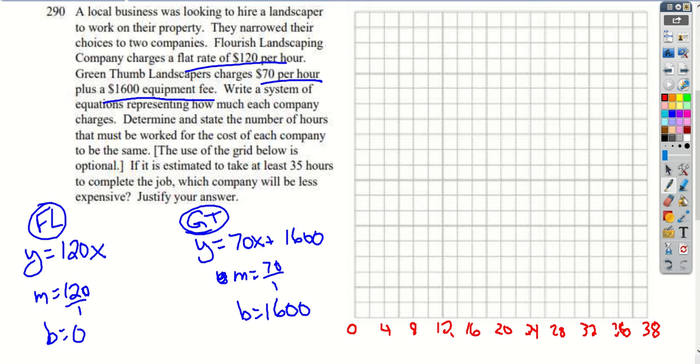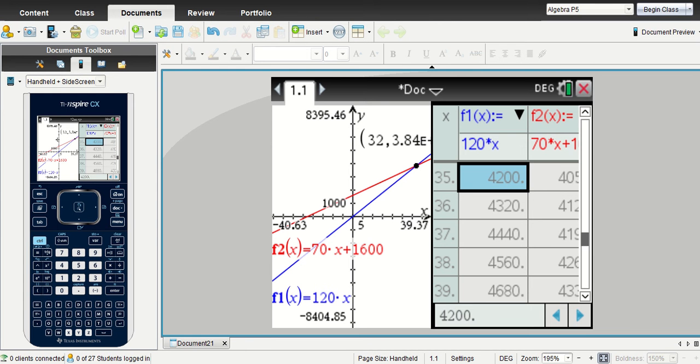All right, and then we want to get all the way up to about 4,000. If I count by hundreds, 1, 2, 3, 4, 5, 6, 7, 8, I'm not going to have enough. If I count by 200s, so there's 400, 600, 800, that'll be 1,200, 1,400, 1,600, 2,000, and I'm not even going to have enough room to do this because I've got to go up to about 42.